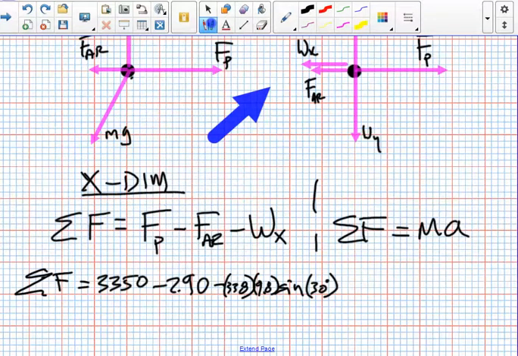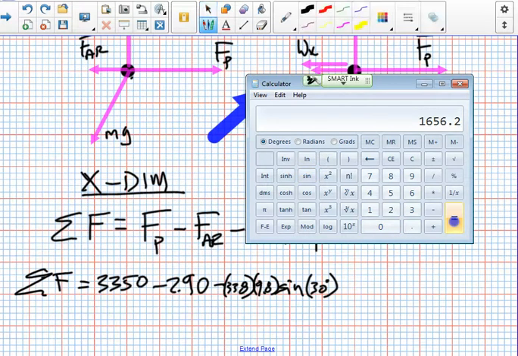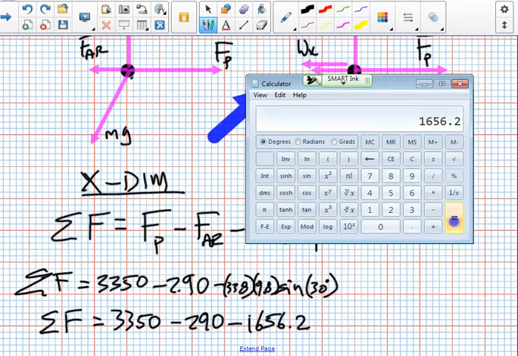So real quickly, let's figure out what that particular thing is. I've got 338 times 9.8 times sine of 30 equals, okay. So this works out to be net force is 3350 minus 290 newtons minus 1656.2 newtons.